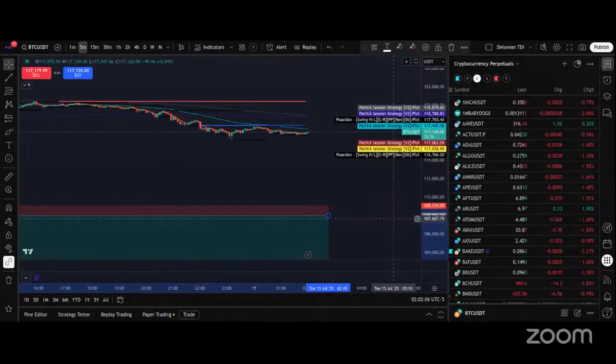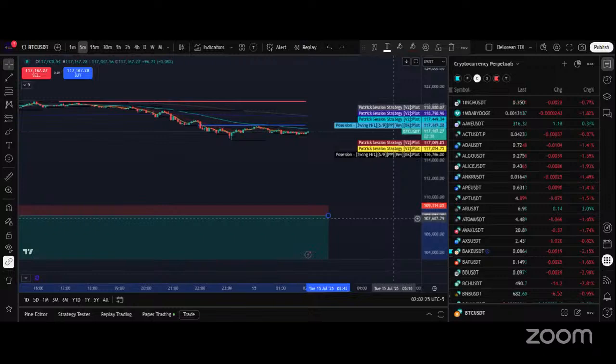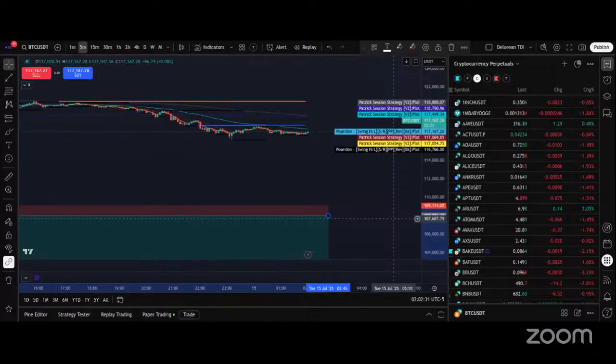The colored lines that you see on the chart are exponential moving averages. An exponential moving average is a graphical representation of the average of the last certain number of candles. In this particular case, we have the yellow line, which is the 5 exponential moving average, and the red line, which is the 13 exponential moving average.